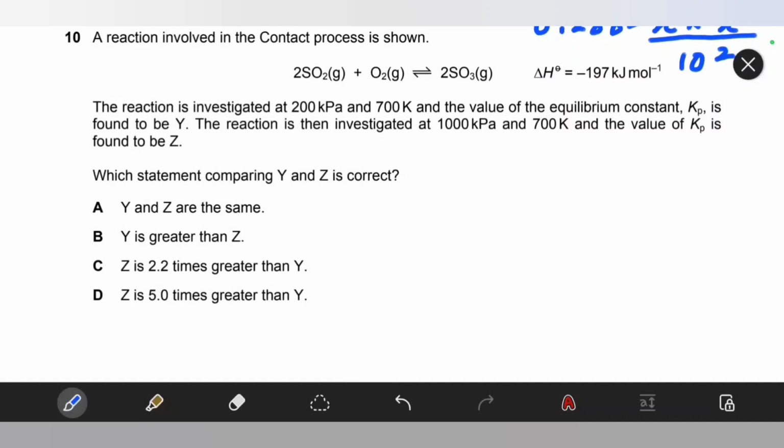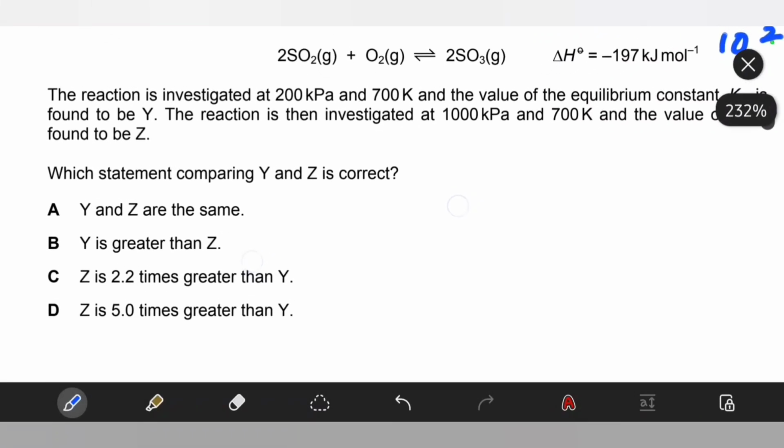A reaction involved in the contact process is shown. The reaction is investigated at 200 kilopascals and 700 Kelvin, and the value of the equilibrium constant Kp is found to be Y. The reaction is then investigated at 1000 kilopascals and the same temperature, and the value of Kp is found to be Z. Which statement comparing Y and Z is correct?